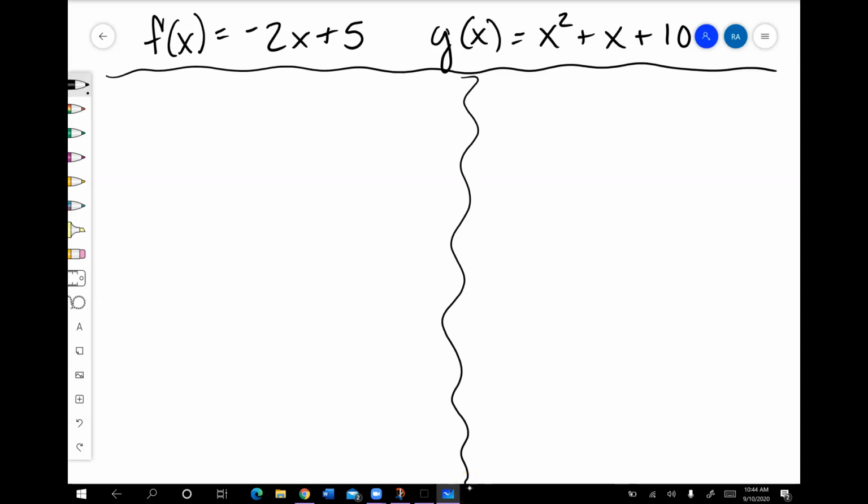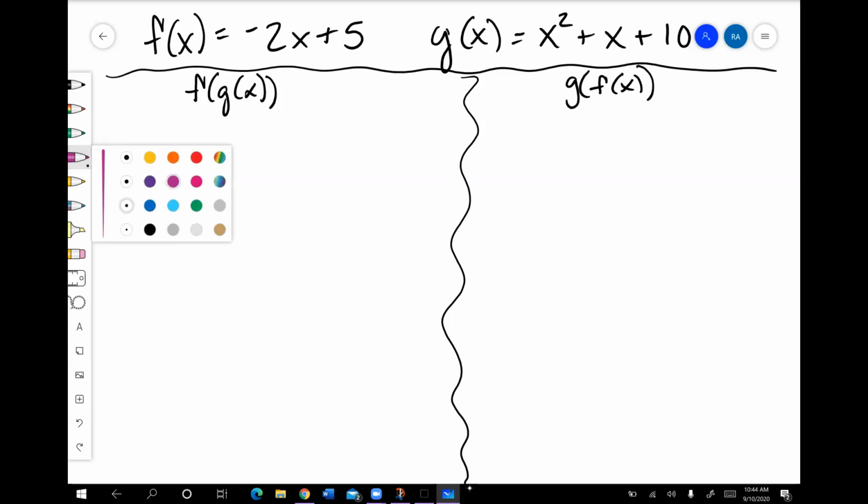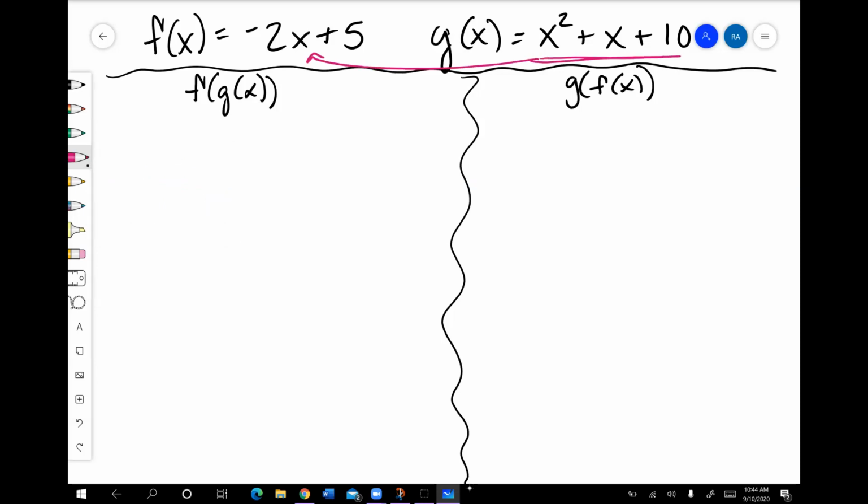Okay, because I want you to know that your Delta Math is not always going to be squaring. So I want to actually do f of g of x, and I want to do g of f of x. Okay? All right. So the one on the left hand side, okay, it wants me to take g and put it into f. So over here, I'm going to take g and I'm going to plug it into f. Okay? So negative, substitute, x squared plus x plus 10, and then bring down your plus 5.